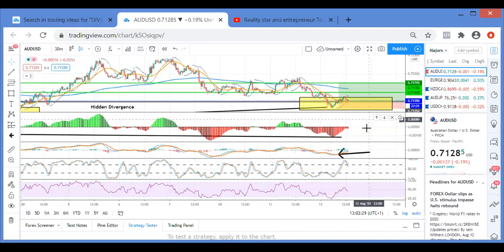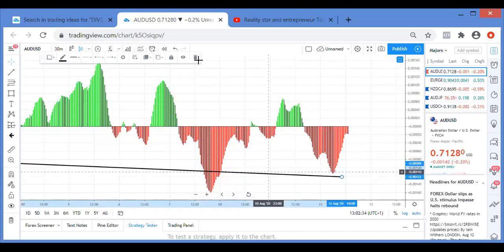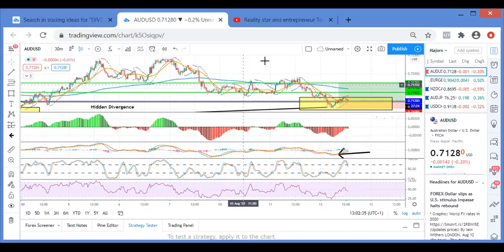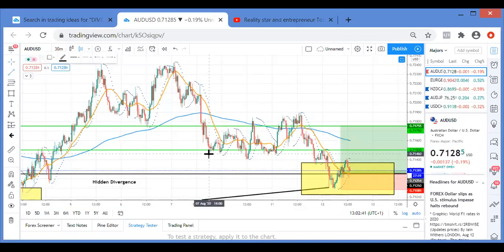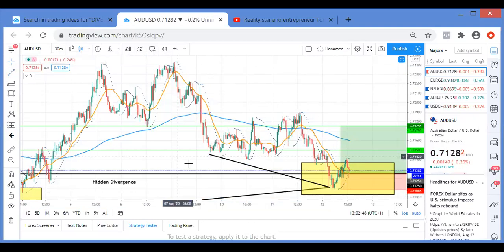So as an example, can you see from this point, from here to here is going down? However, on my MACD, look, it's going up.